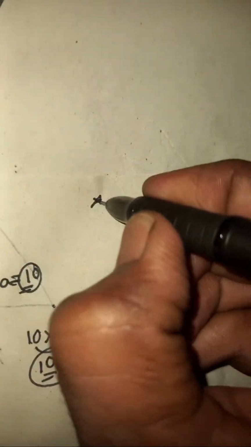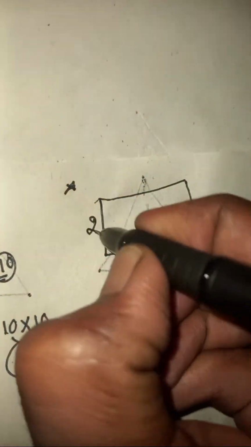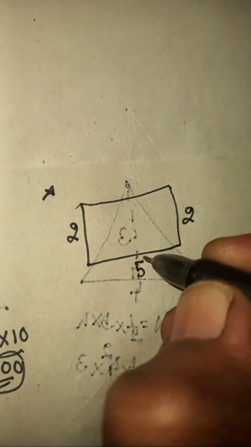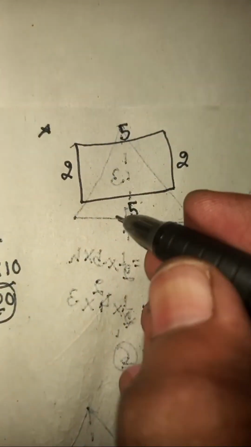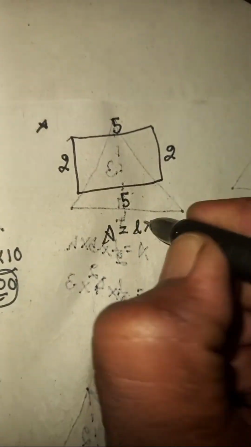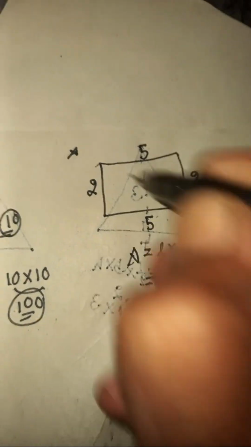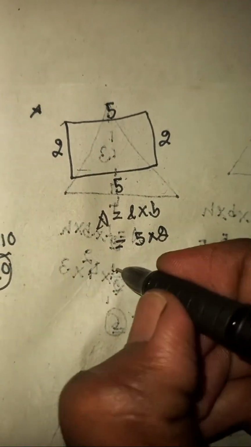And now let's take a rectangle. In this rectangle, this side length is 2 units. This is 5. Opposite to 2 also remains 2. Opposite to 5 also remains 5. Now area is length times breadth, which is going to become 5 times 2.